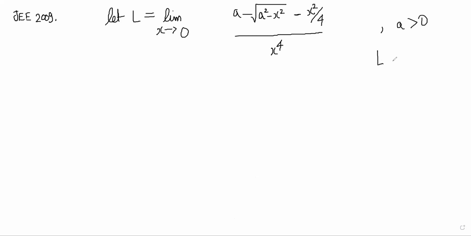Now he's saying if L is finite, then find the value of both a and L. You have to find a also and L also.